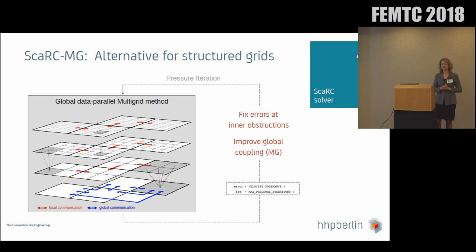But there's still another way to optimize the global method. If I use data parallel multigrid instead of the conjugate gradient method, then I still have a much stronger global coupling, because this class of methods uses not only the fine grid level, but a complete hierarchy of grid levels, which all work together, which are interconnected by interpolation up to a coarse level, which provides the basic global data transfer.